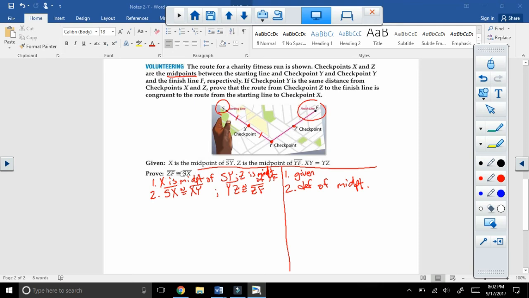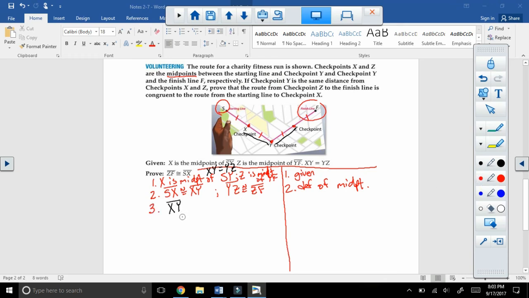You know it's the midpoint, you know these are congruent. That's just what that word midpoint means. So if that's ever the case, you just write definition. And then the other piece of information that was given, I've got to squeeze it in, sorry about this, is that XY is equal to YZ. So we just have to remember that these two parts are equal to each other. Just to put my congruency marks in there.